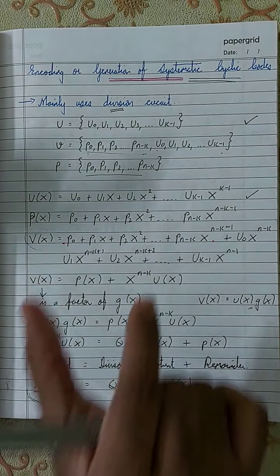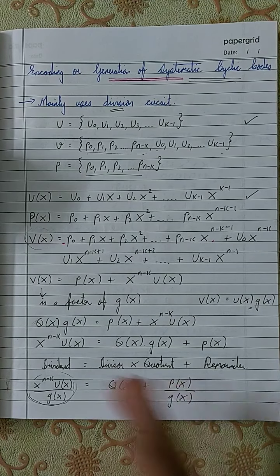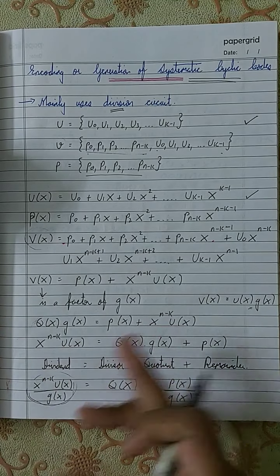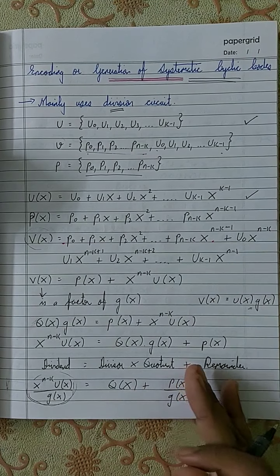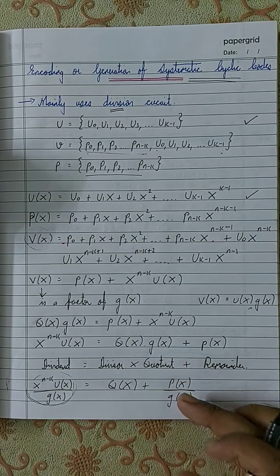You will get the quotient coefficients first, and you don't need the quotient, so you have to wait for that time period. After getting the quotient, from that same output you will get the remainder. That's how we find the values of p of x.